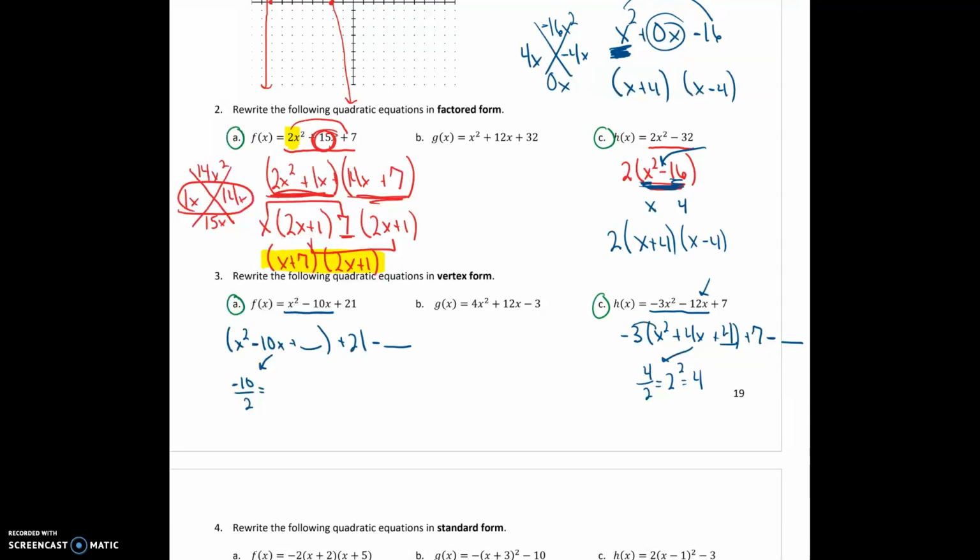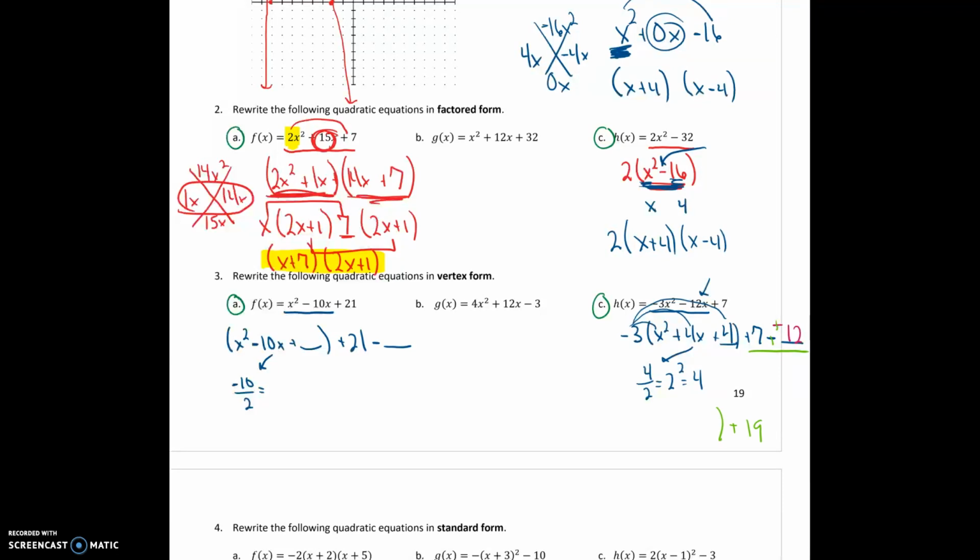This is really -3 times x squared. That's really -12. So I really added -12, which means over here, what I'm going to do is subtract -12. If this is a little confusing for you, one thing you could do is use your calculator. So you could do 7 minus -12, but I could also just add the opposite and see that 7 plus 12, and then the number outside of the parentheses is 19, just like this page number.